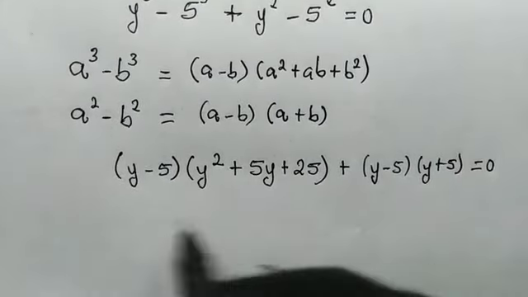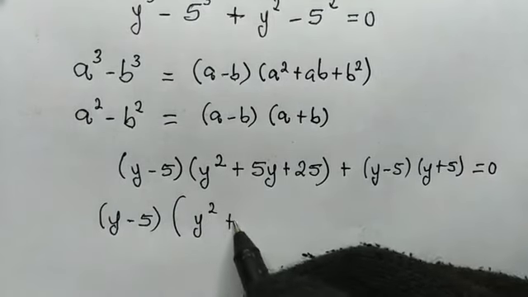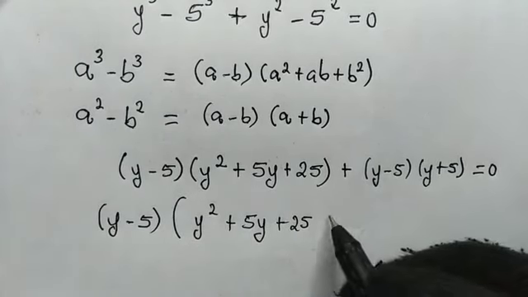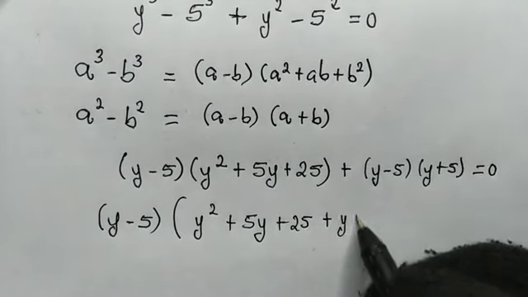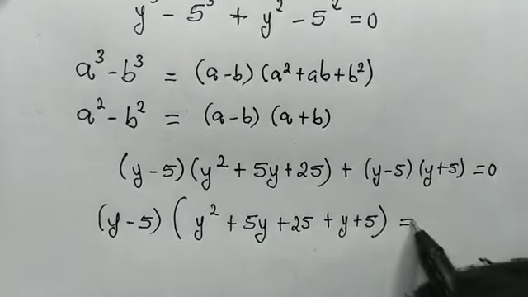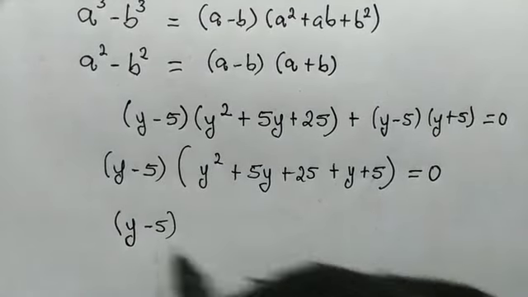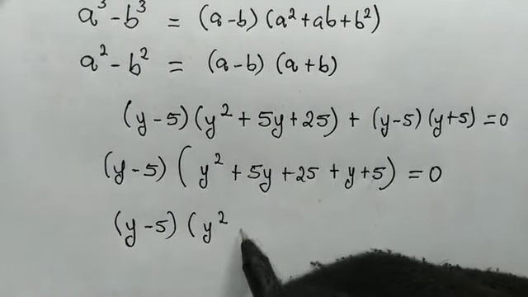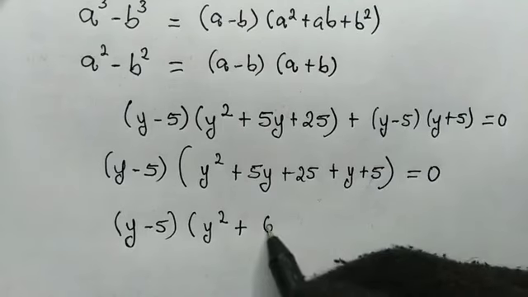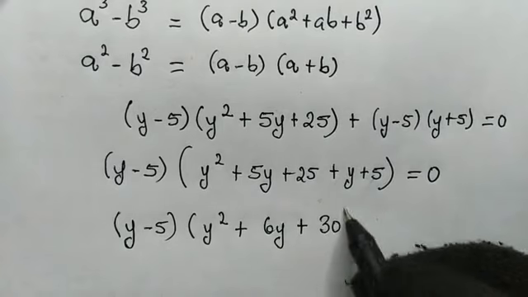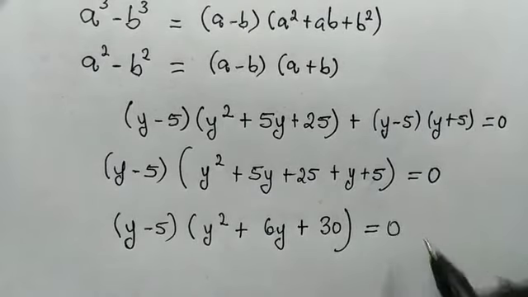We can see y minus 5 is common, so let's factor that out. So we have y minus 5 into bracket y squared plus 5y plus 25, then plus, we are left with y plus 5 from there, and this is equal to 0. So from here we get y minus 5 into bracket y squared plus 5y plus y is 6y, plus 25 plus 5 is 30, and this is equal to 0.